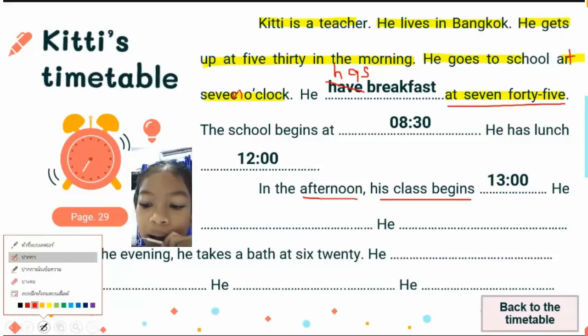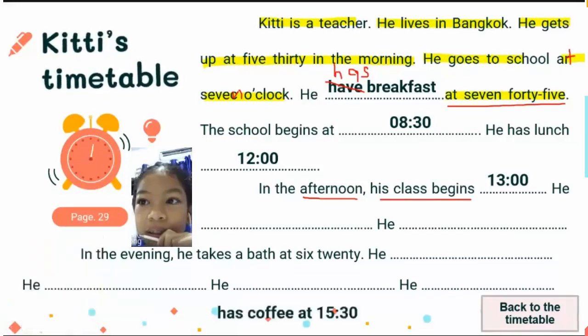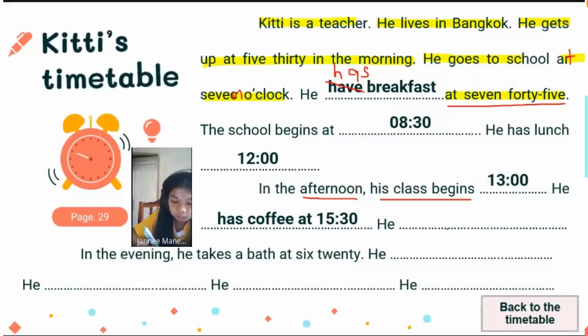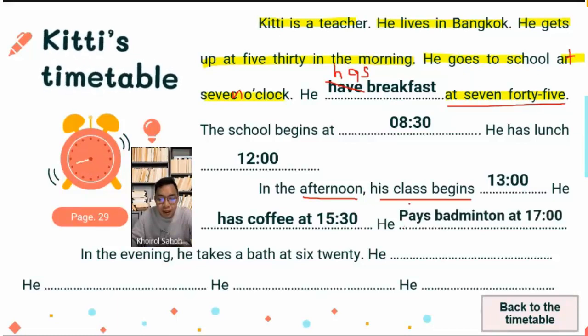Half past 3. 3:30. Very good. Number 6 again. Next one, what does he do? Play badminton. Okay, after that he plays. He plays badminton at 5 o'clock.